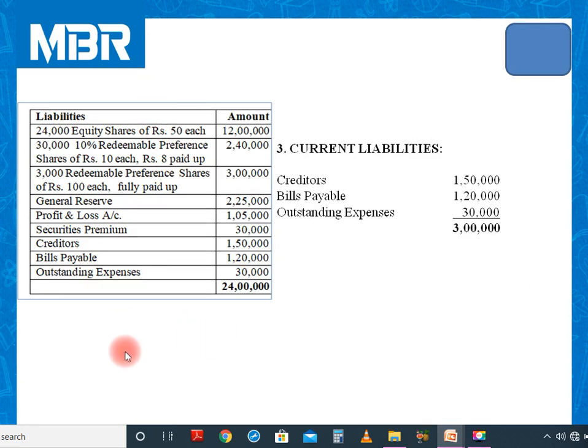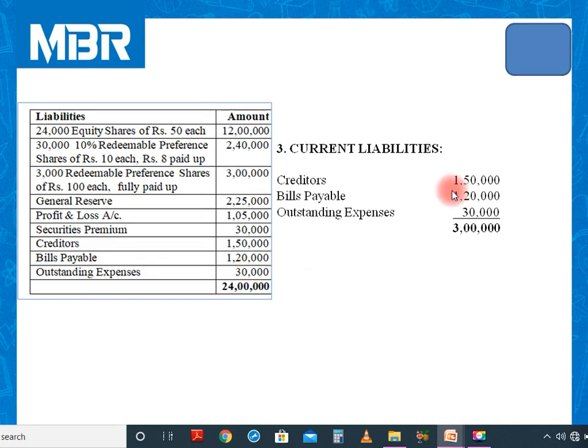Check liability side of the question. We have 3 different current liabilities included. First is creditors, 1,50,000, that is directly from the balance sheet liability side. Bills payable, 1,20,000, it is given over here. And outstanding expenses are also referred to as current liabilities.